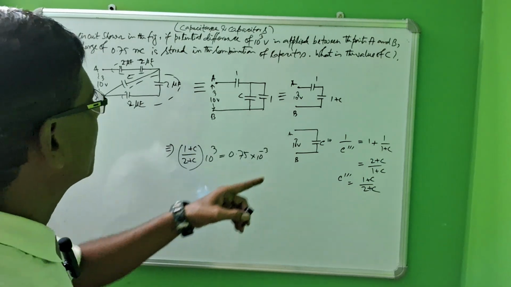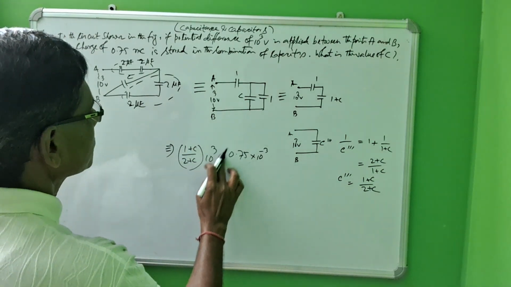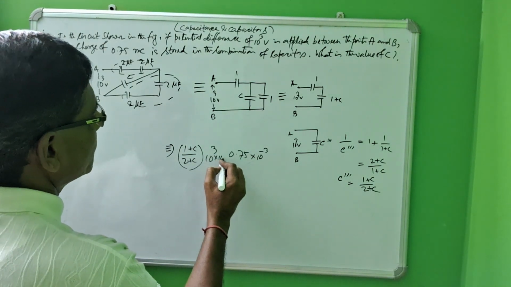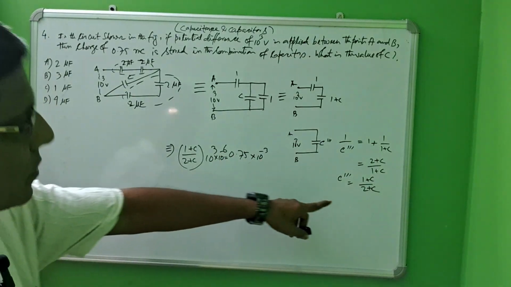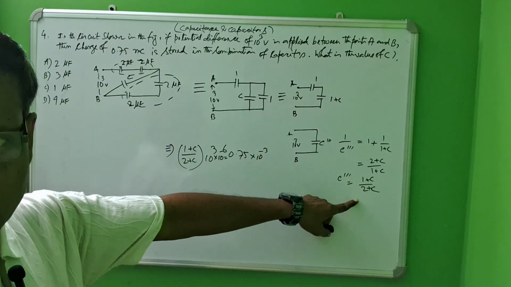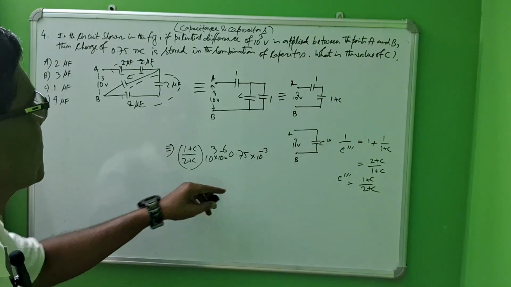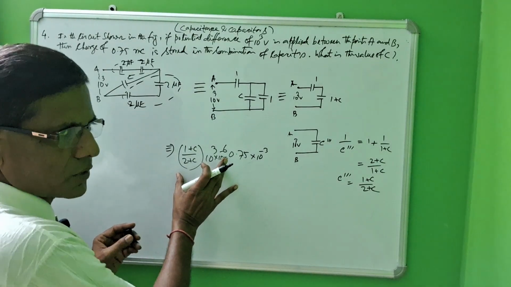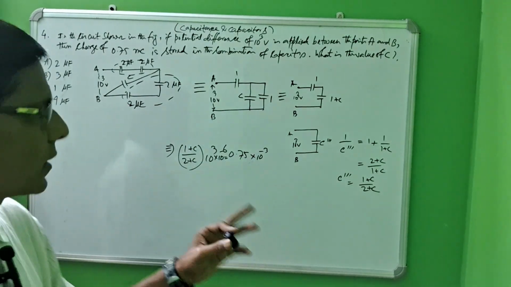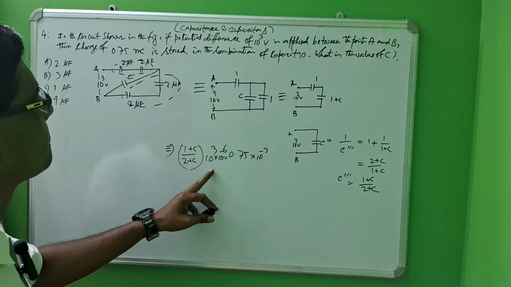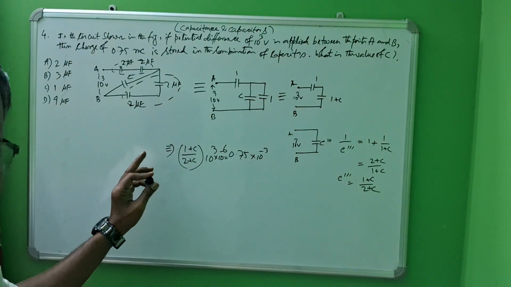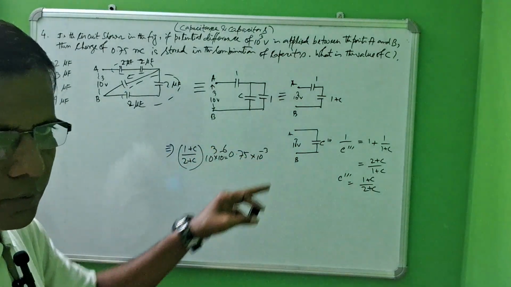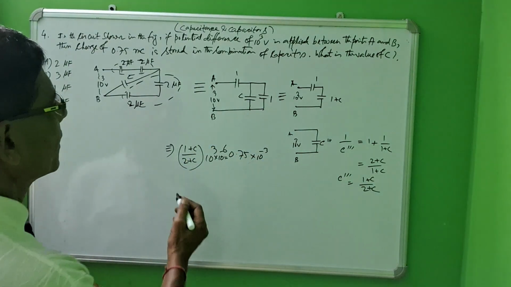This is 10 to the power minus 6, because this is in microfarad unit, in farad unit, and 10 cube is given in volt unit. So this is in coulomb unit, and this is also in coulomb unit. We have to balance both sides.